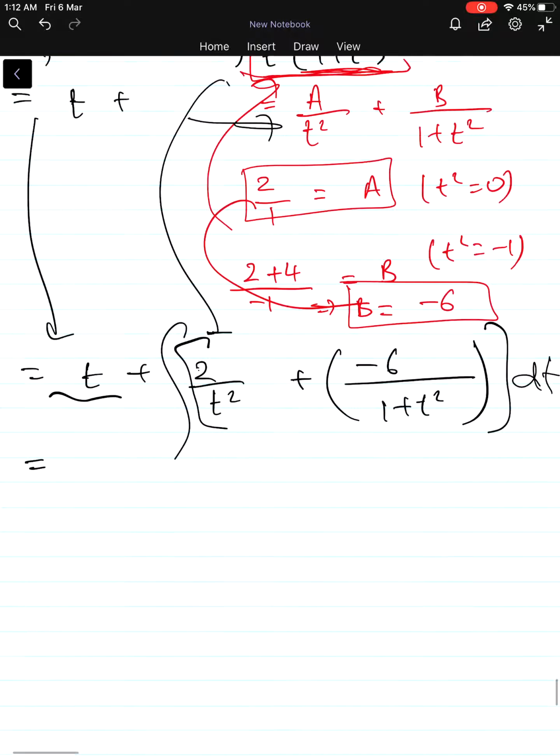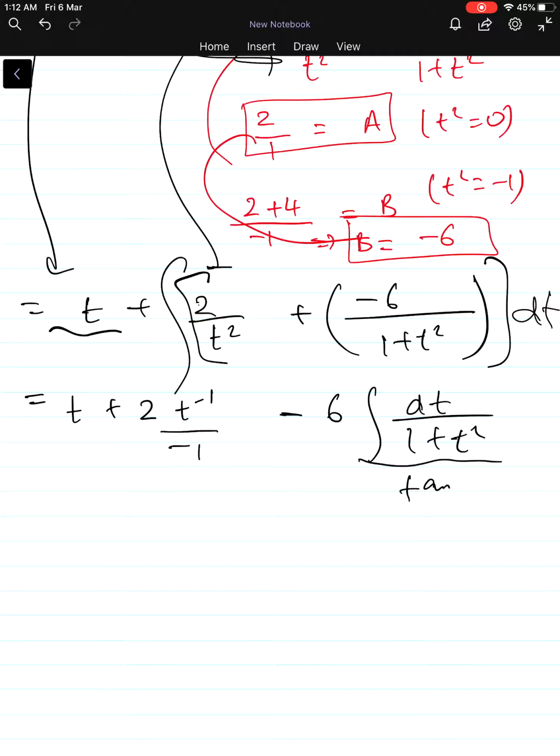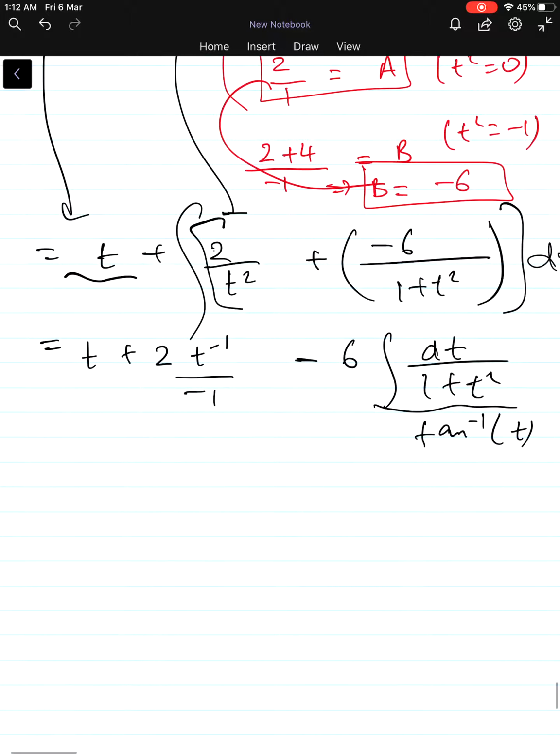So this becomes t plus 2 times the integral of t square, which is t raised to power minus 1 divided by minus 1, minus 6, and we know the integral of dt divided by 1 plus t square is tan inverse t. So this finally becomes t plus minus 2 by t minus 6 tan inverse t.